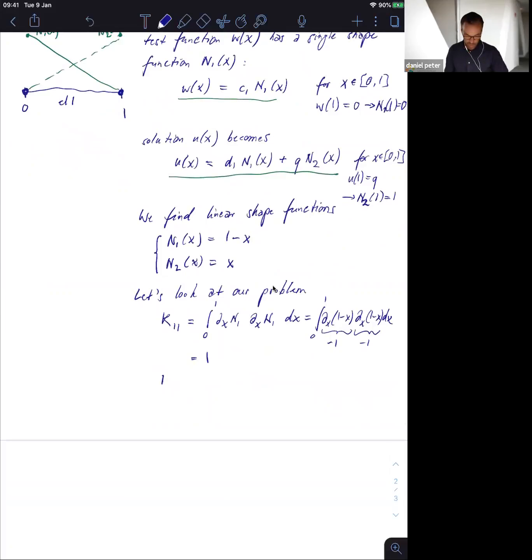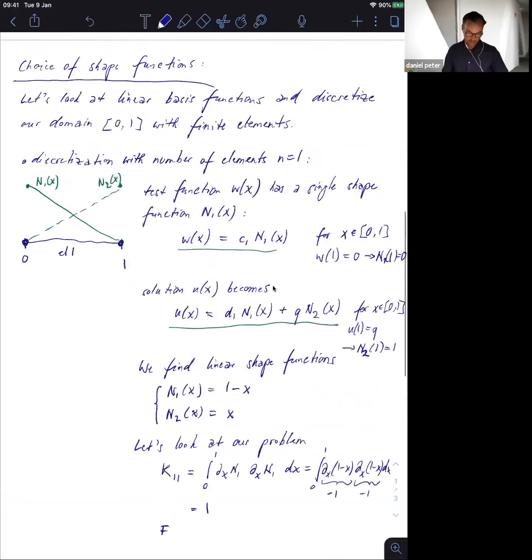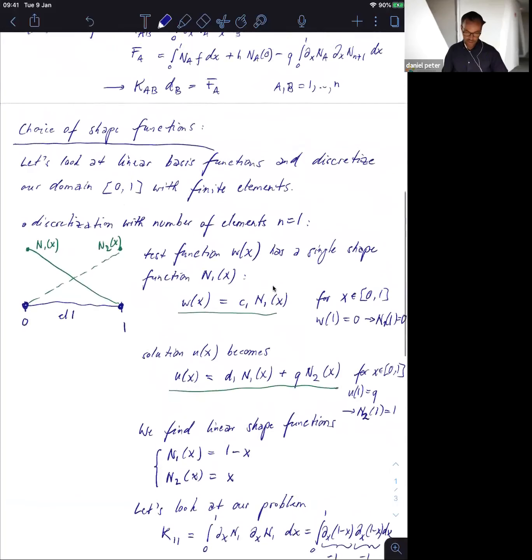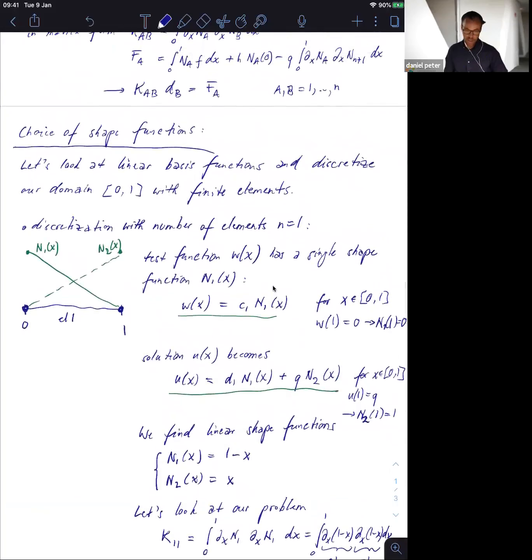What would be the force vector F_A? A can only be 1, so we only have one entry.